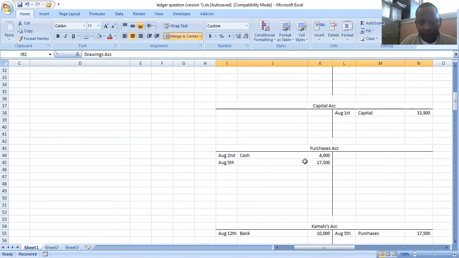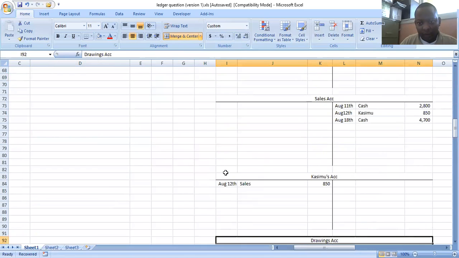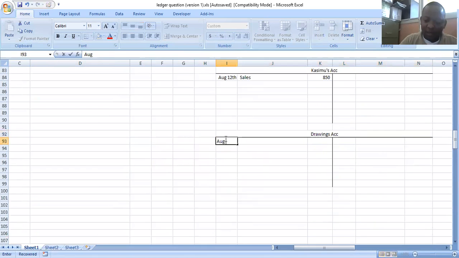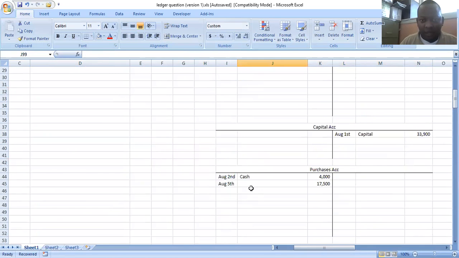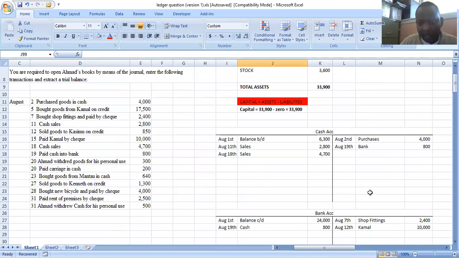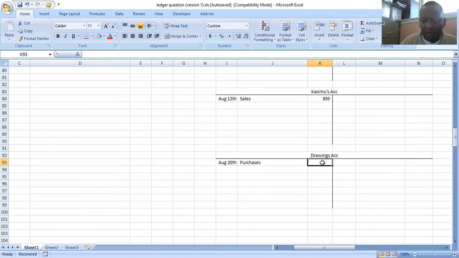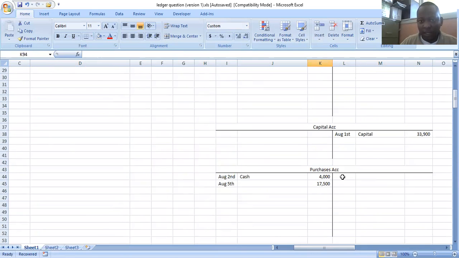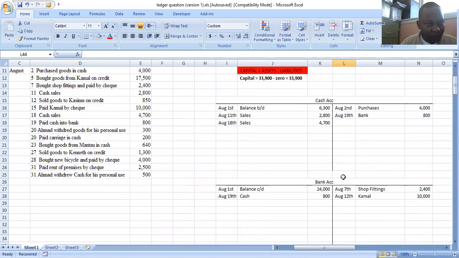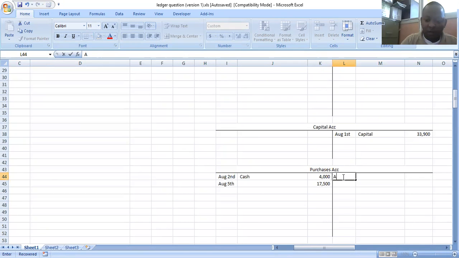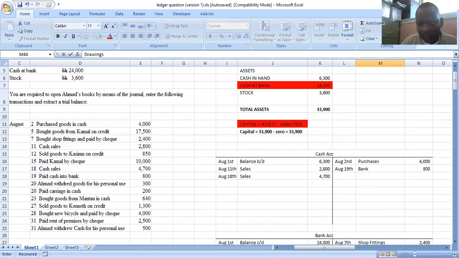On 20th of August, with due purchase from purchases. And the amount withdrawn was how much? 300. So debit drawings by purchases 300, and then credit purchases account by drawings 300. That was on August 20th. Credit purchases by drawings, and the amount is 300 shillings.